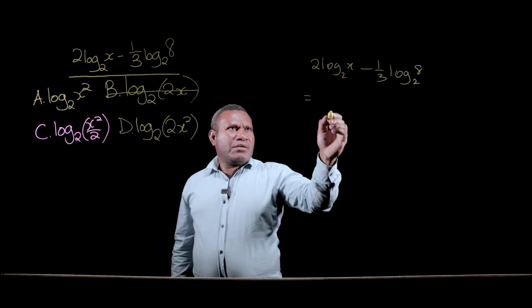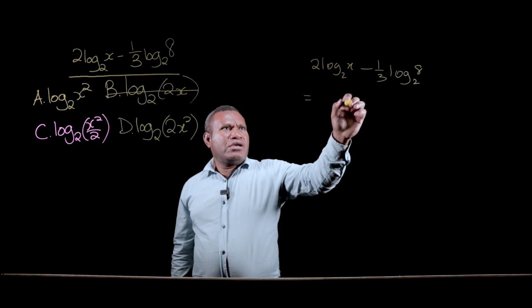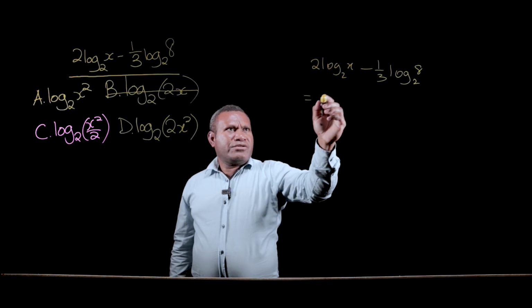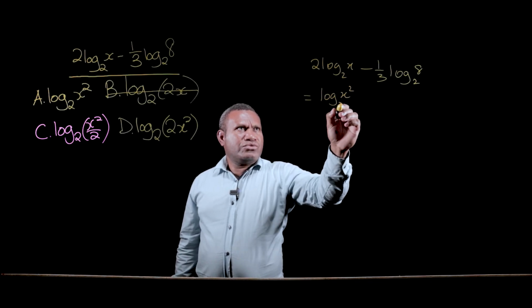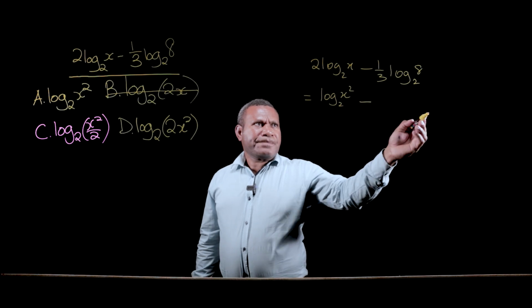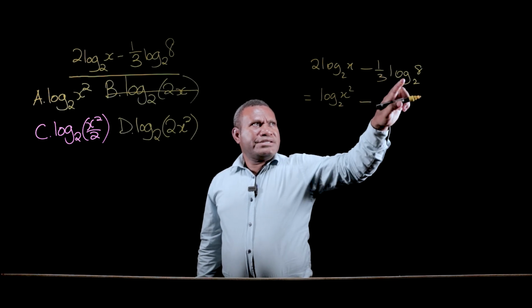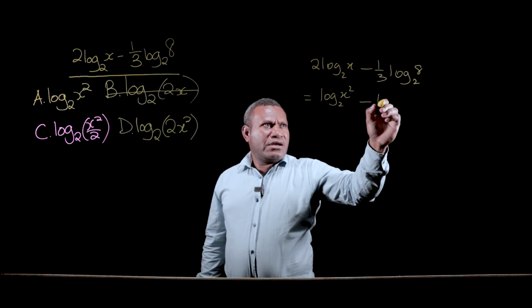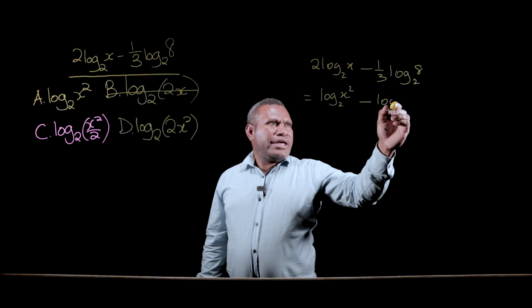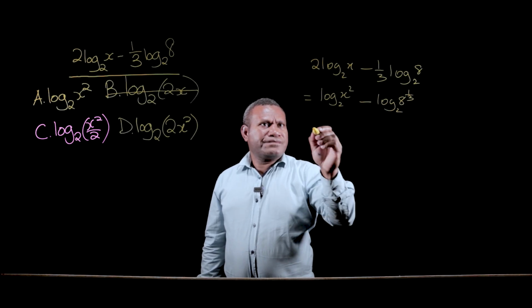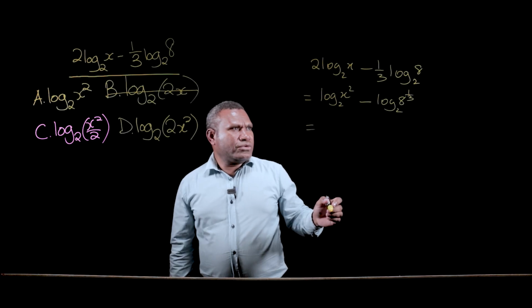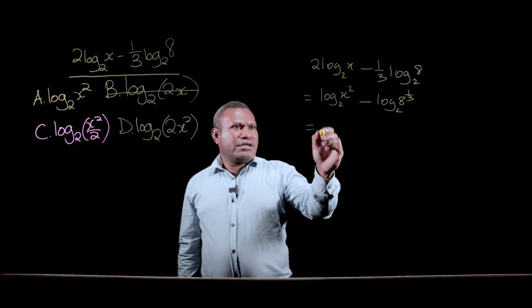By using the power rule, 2 is the exponent of x. So we write log of x squared to base 2 minus 1/3 is the exponent of 8. Log of 8 raised to the power of 1/3 to base 2. What are we going to do? We have to evaluate this first.